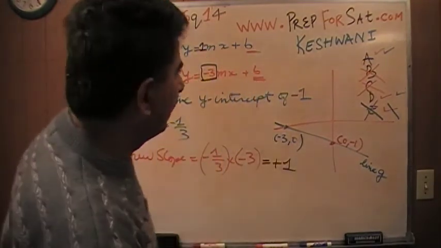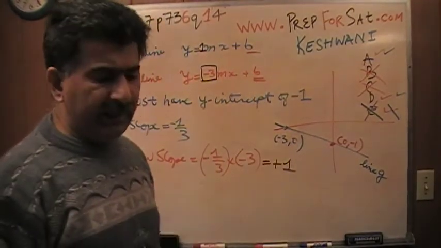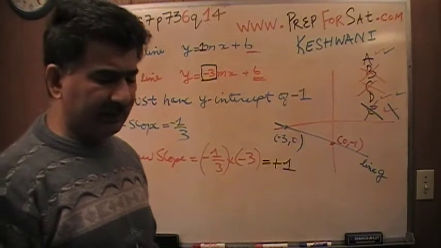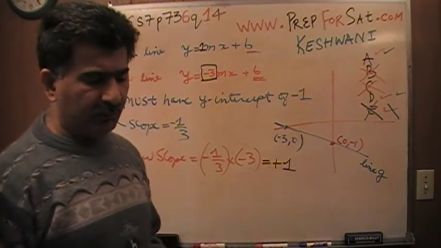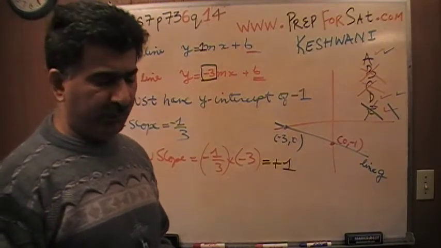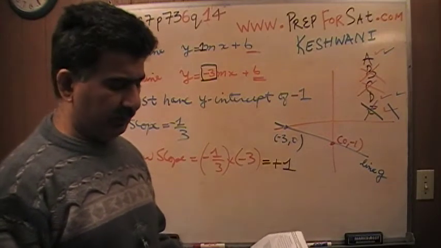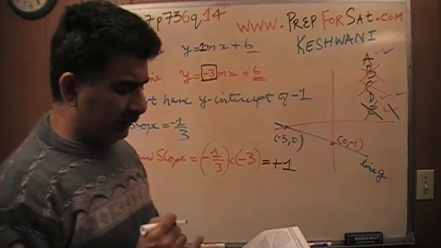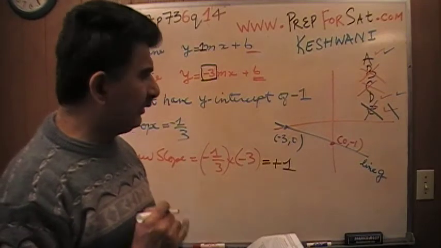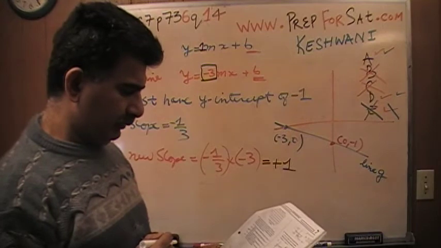Let's take a look at the remaining 2 answer choices, A and D. A does not clearly have a slope of 1. In order for it to have a slope of 1, a 45-degree line, if the y-intercept is negative 1, it has to go through negative 1, 0, and 1, 0. It does not. D is the answer.